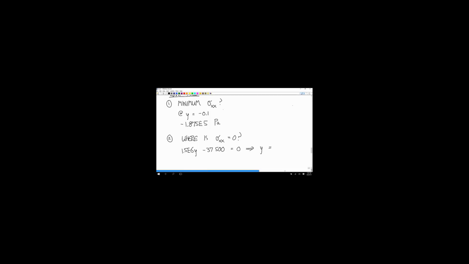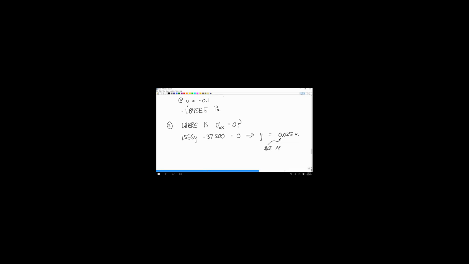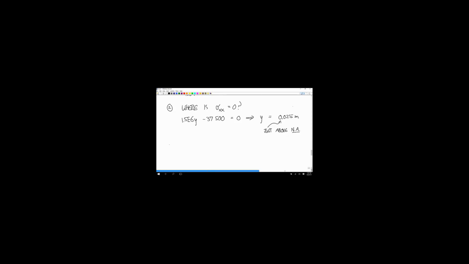And what's y equal? 0.025 meters. So in this case, it's just above the neutral axis. And then last, the maximum.